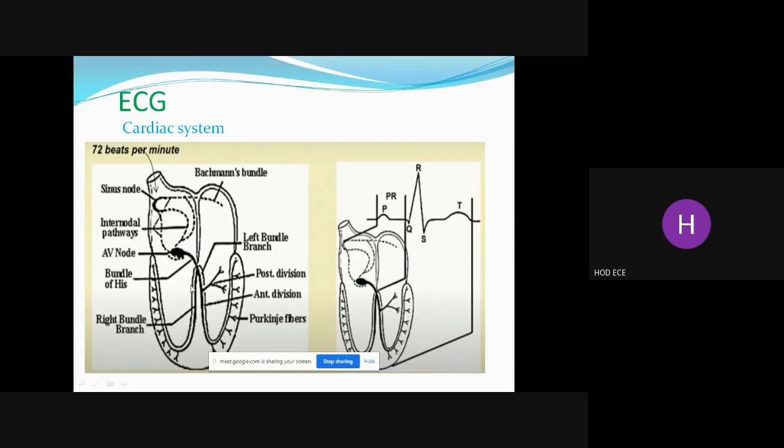Then, after receiving the blood, the two ventricles get compressed. When these two ventricles are compressed, the blood in the right ventricle is supplied to the lungs, and the blood in the left ventricle is supplied to the various parts of the body.